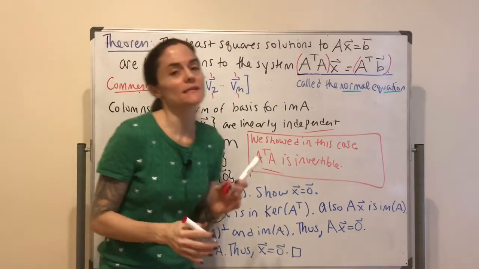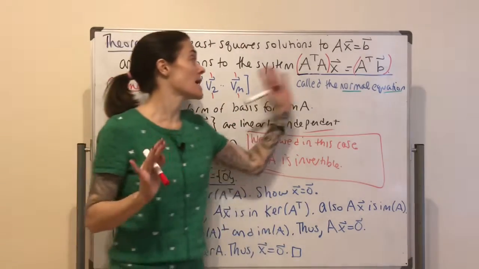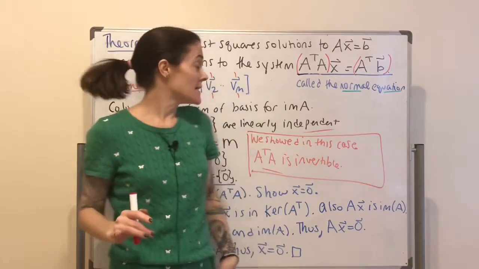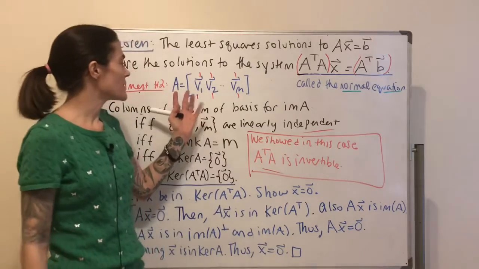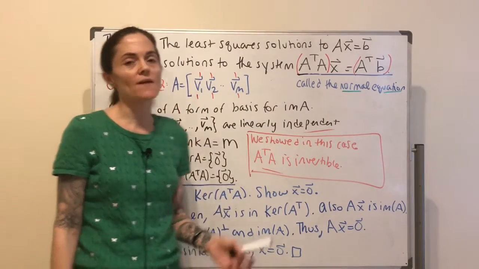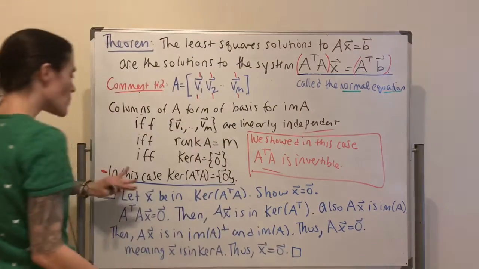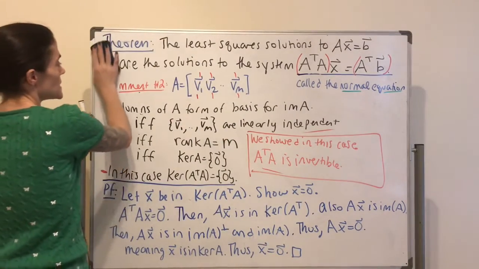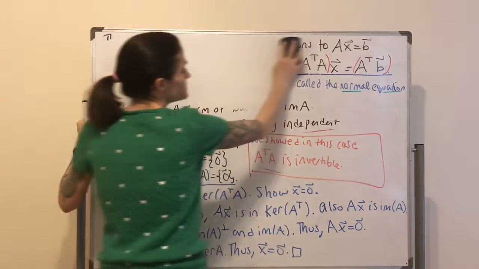You can find the least squares solution to AX equals B just by multiplying both sides by the inverse of A transpose A. And when you have linearly independent columns, you will have a unique least squares solution. There's more that's true, and I will just mention this. I'm going to erase this now and let me say one more thing.